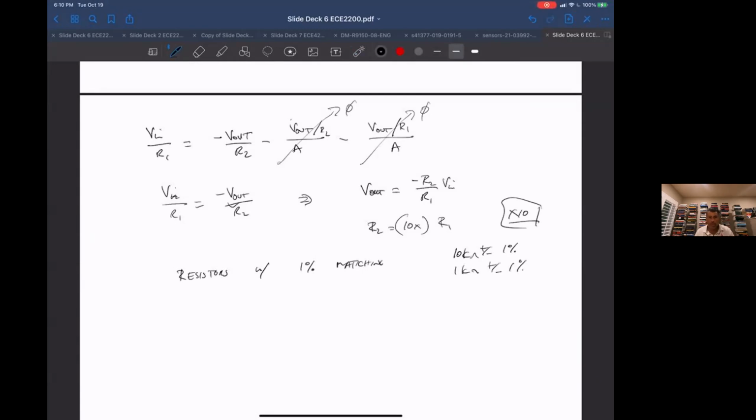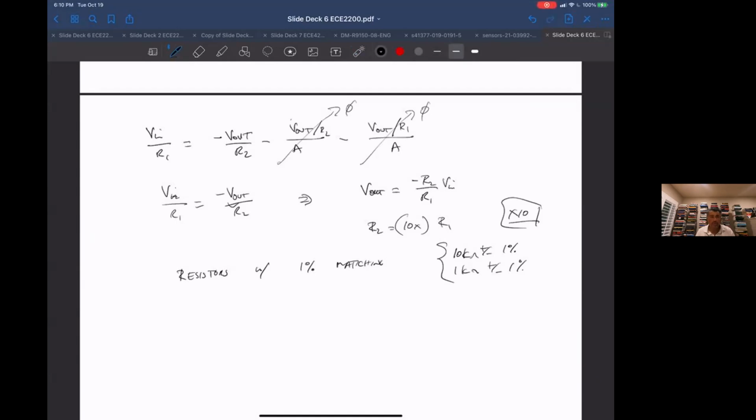They might vary a little bit, but 1% is pretty good. You'll have a gain of 10 or a gain of 10.01, or a gain of 9.99. Very precise.